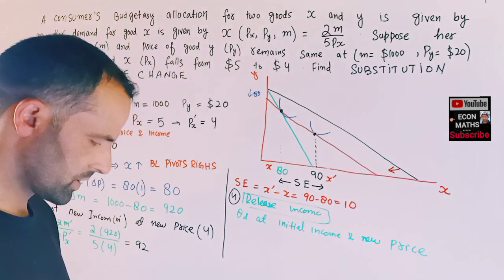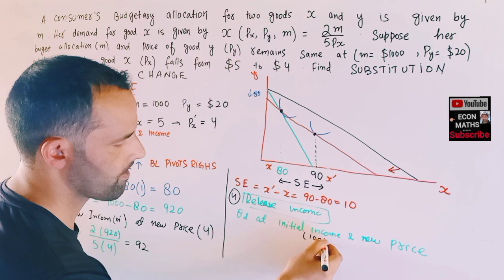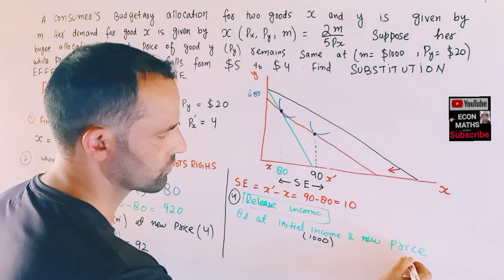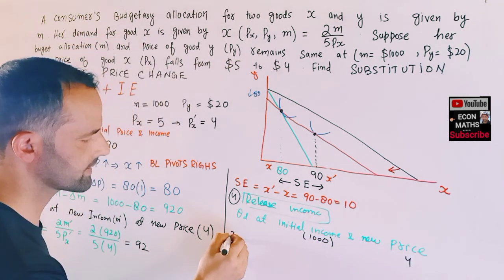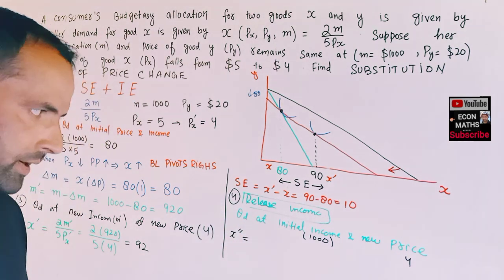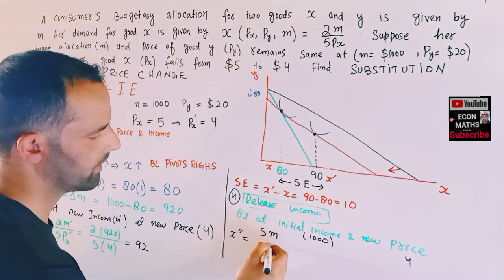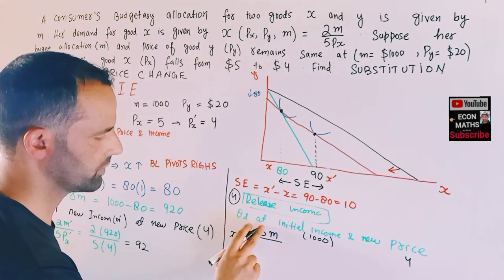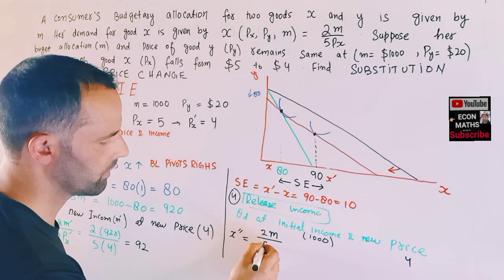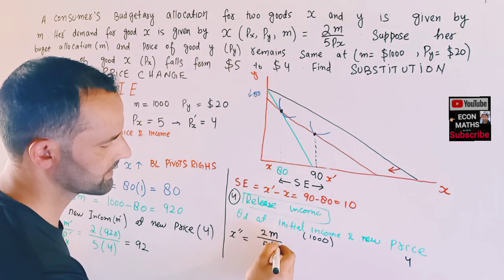So initial income is 1000 and the new price is 4. Let's denote it by x double prime. Quantity demanded at initial income and at new price will be equal to 2m divided by 5 p x prime.